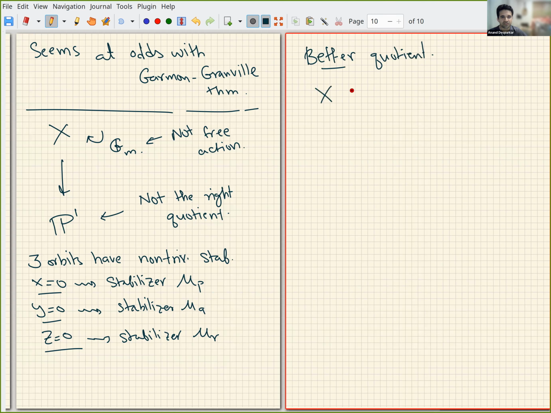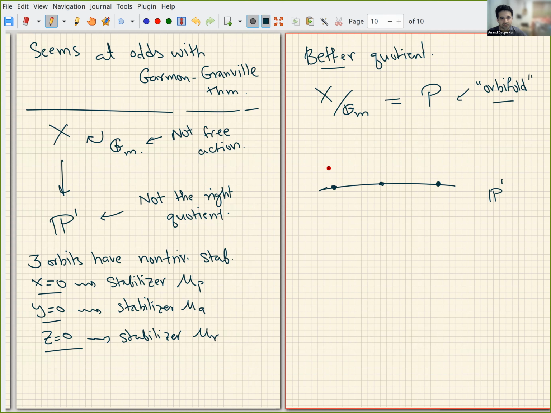You should think of the quotient as being not a P1, but some P, which is an orbifold, Deligne-Mumford stack, however you want to say it, but its underlying space is P1. So it's like a P1, but it has 3 points which have non-trivial stabilizers.